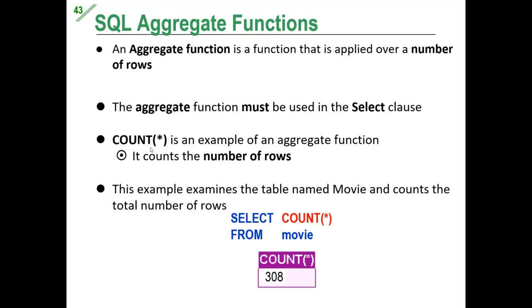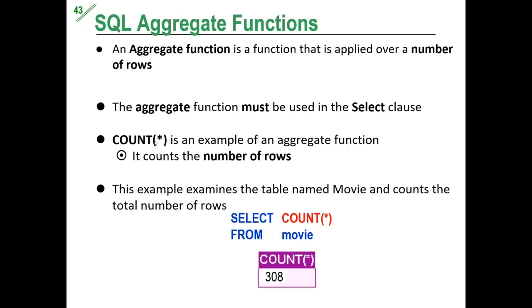For example, if I want to count how many rows there are in a particular table, I can use a function called the count function. So what I can say is count, and then inside the brackets I can put the asterisk mark. Remember, asterisk means the whole table, right?